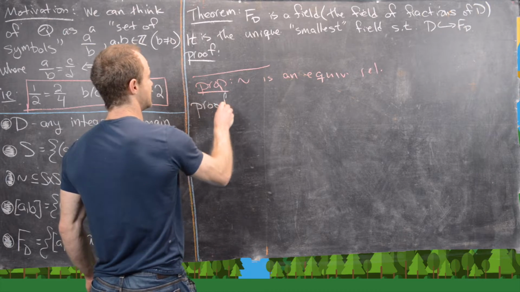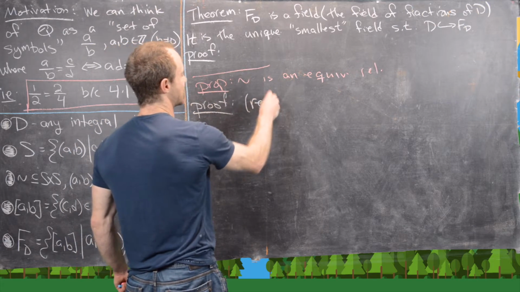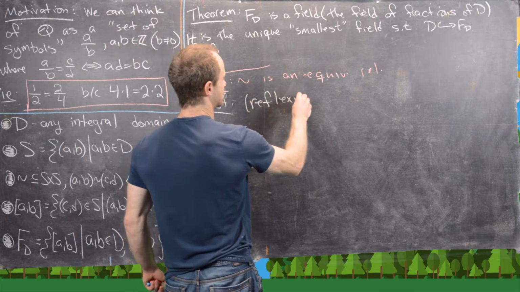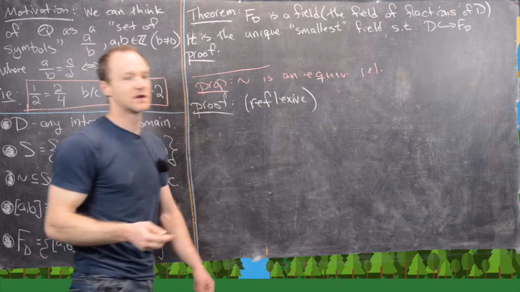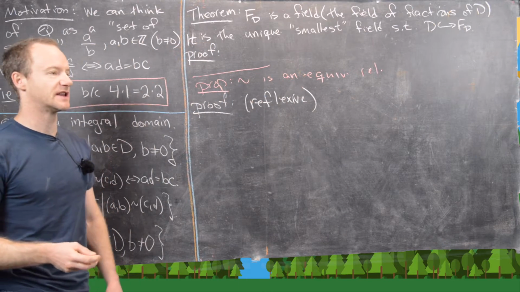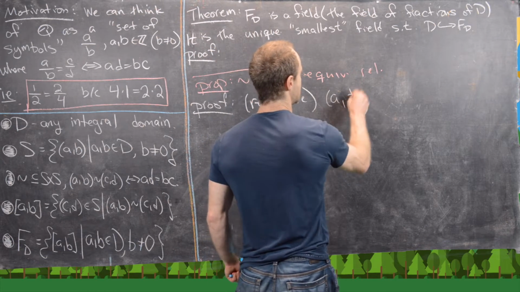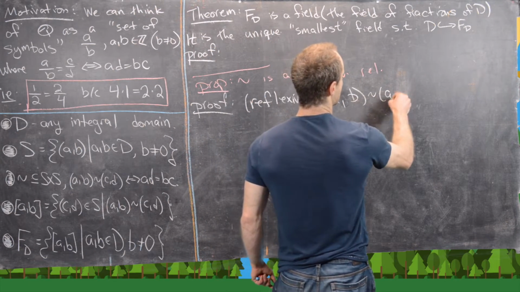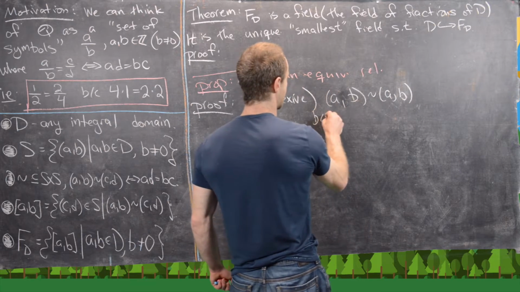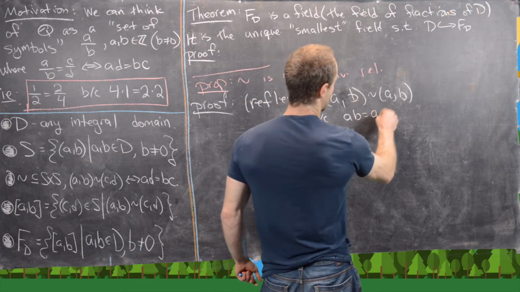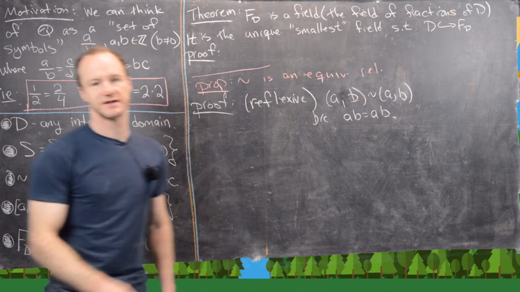So let's see the proof. First we need reflexivity. In other words, we need (A, B) to be related to itself, and notice that (A, B) is related to (A, B) because AB equals AB. And really that's all there is to it.